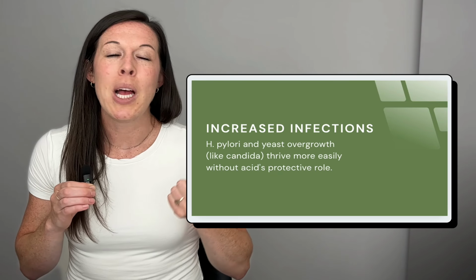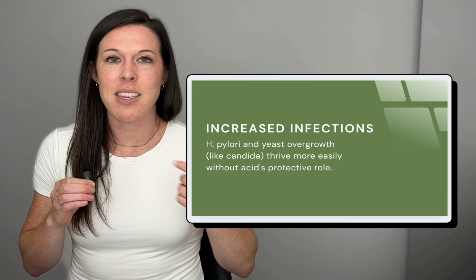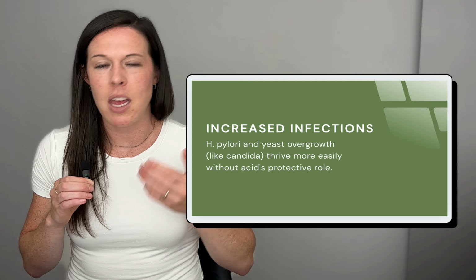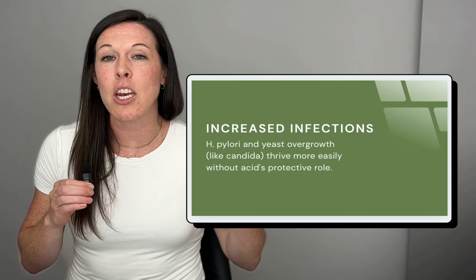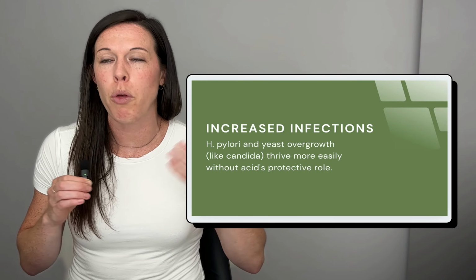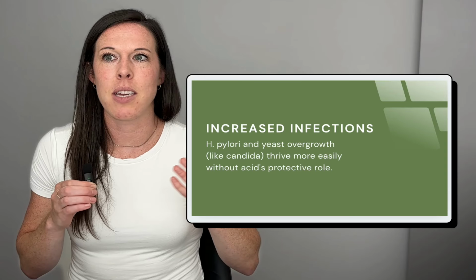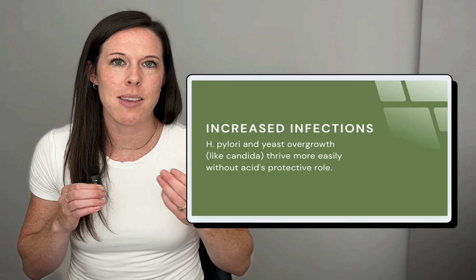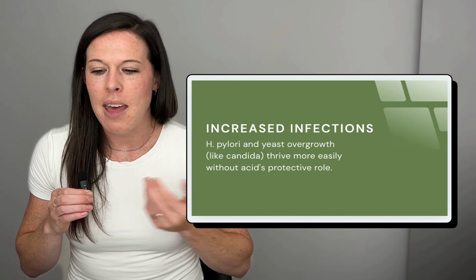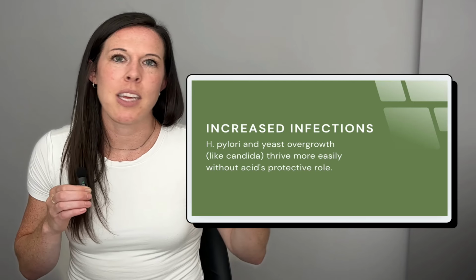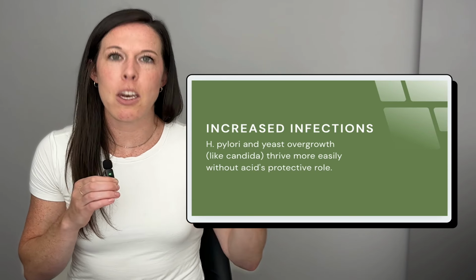H. pylori is one example. Yeast, like Candida, is another one we see often in the digestive tract. These things can increase in their growth or abundance and thrive more easily because there's not enough acid killing them, and therefore they just continue to grow. So you get increased infections.